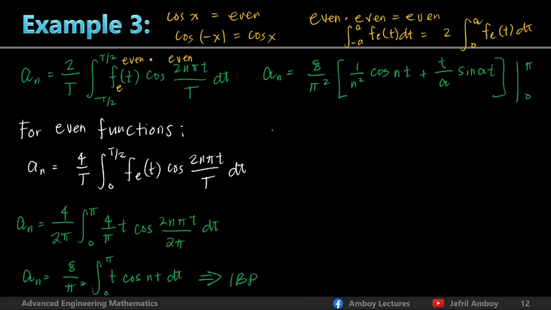Okay? I-evaluate natin yung integral is equal to 8 over pi squared. So, lahat ng t dito papalitan ko ng pi. Okay? So, this becomes cosine of n times pi, cosine of n pi over n squared. Okay, plus, for the second term, I will replace t with pi.